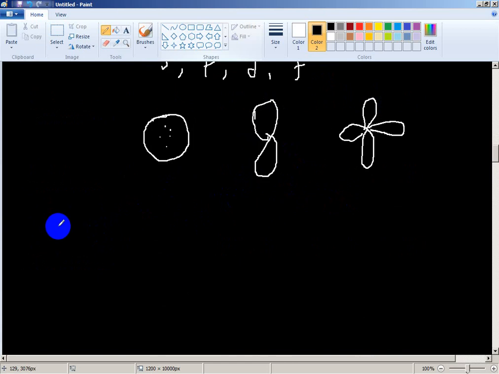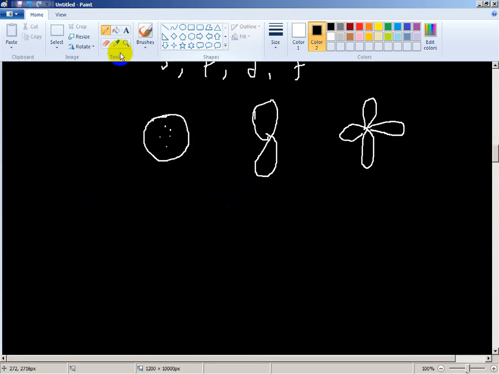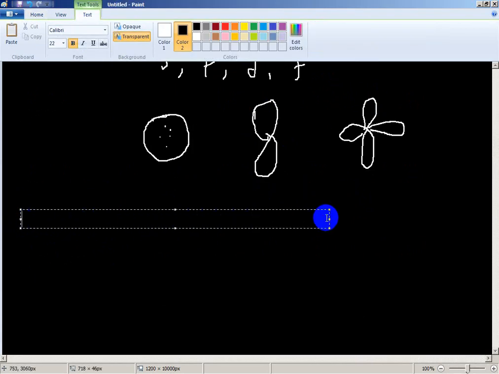Do you know the electronic configuration? The distribution of electrons in the different orbitals of an atom is called electronic configuration.